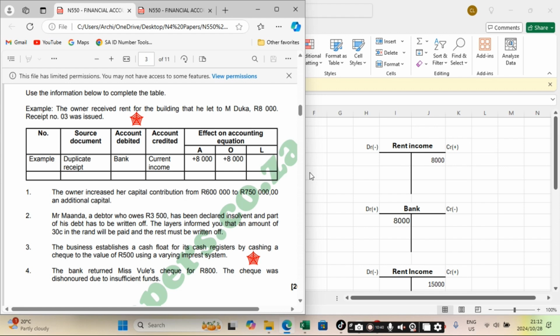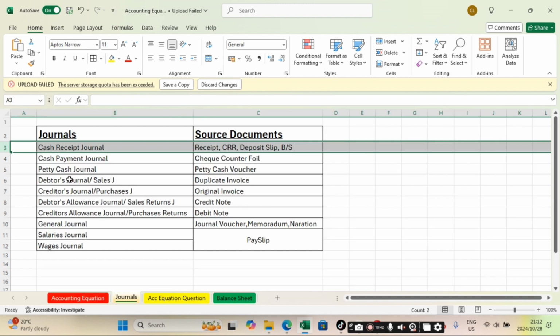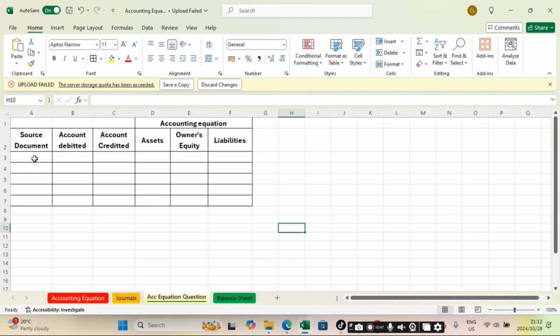Since it's going to affect our CRJ, the source document on our CRJ is what? Receipt. It's going to be our receipt. So transaction number 1 is going to be our receipt.